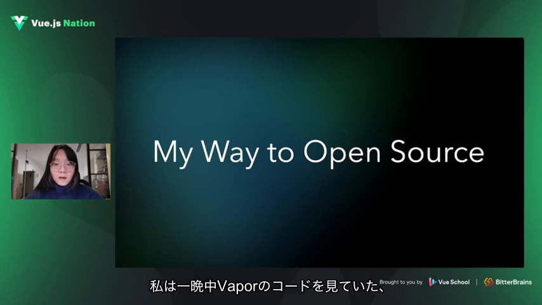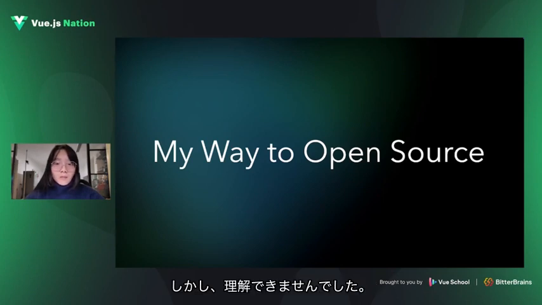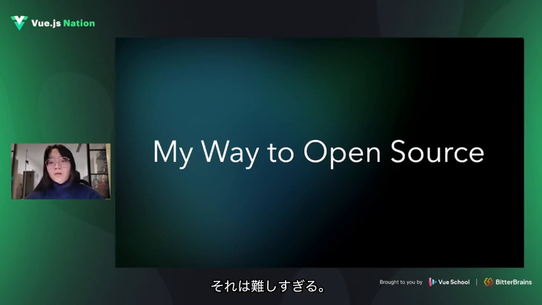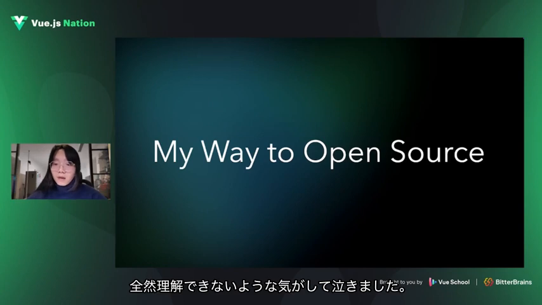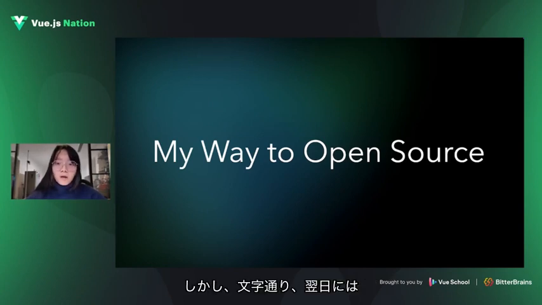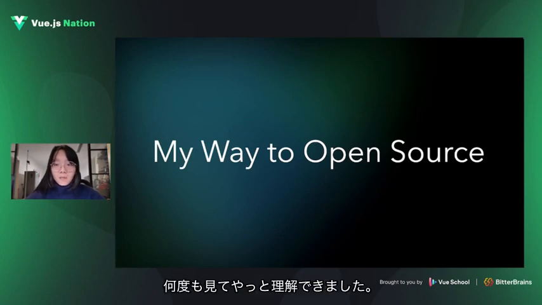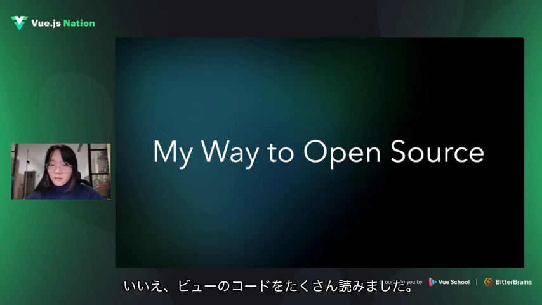And after I came back, I looked at Vapor's code all night, but couldn't understand it. It's too difficult. I cried, feeling like I couldn't get it at all. But literally the next day, I looked many more times and finally understood it.